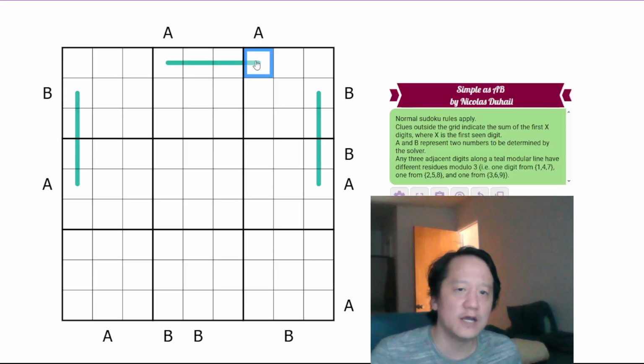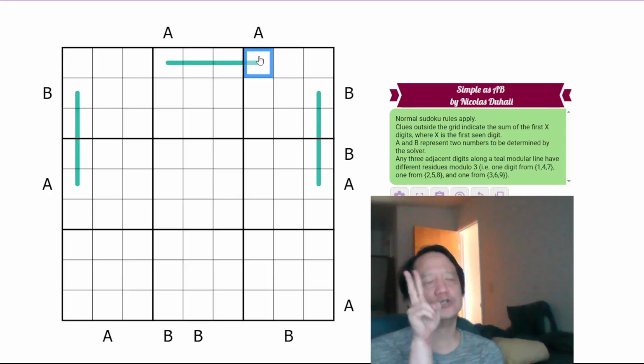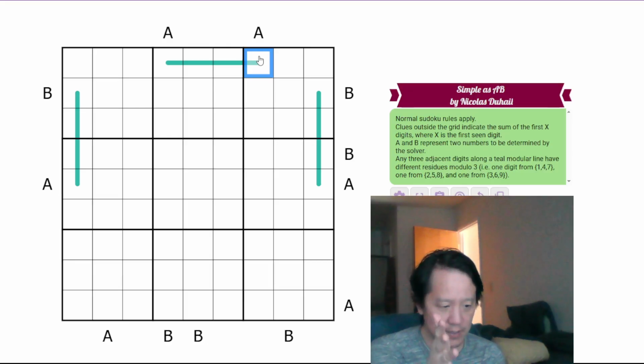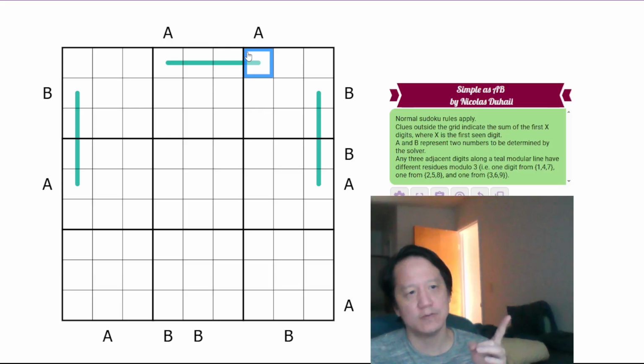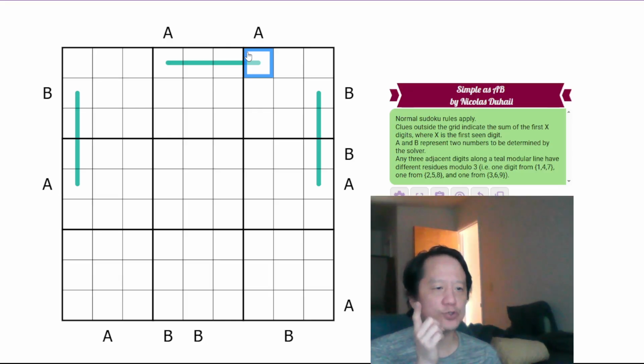So we cannot have 9 or 1 here. I don't think we can have 2. 2 adds up to at most 11, and 5 adds up to at least 15. So 2 doesn't work either. What about 3? 3 adds up to at most 20.